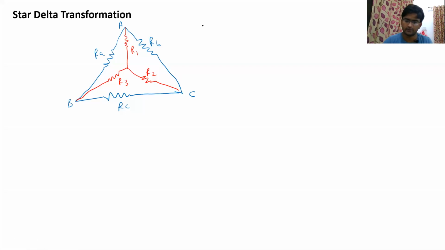So now I have drawn both the star and delta circuits at the same time. So we can directly convert these values RA, RB and RC into the form of R1, R2 and R3 and vice versa using the following formulas.